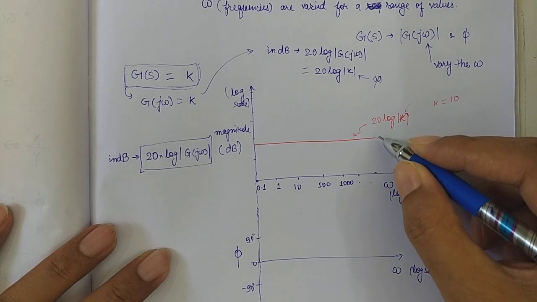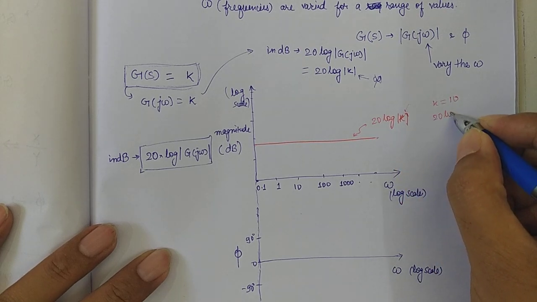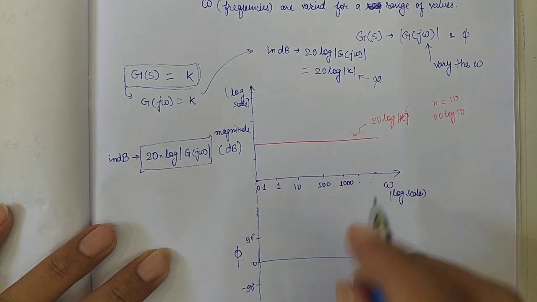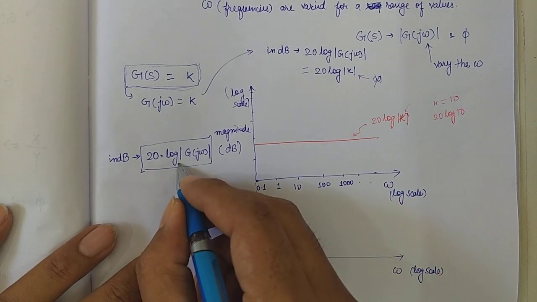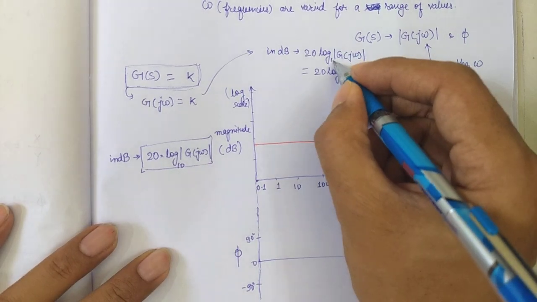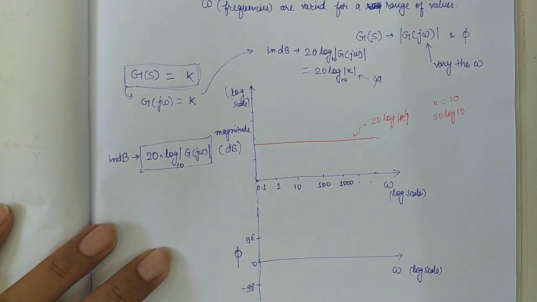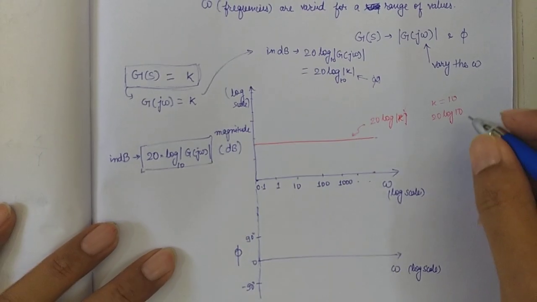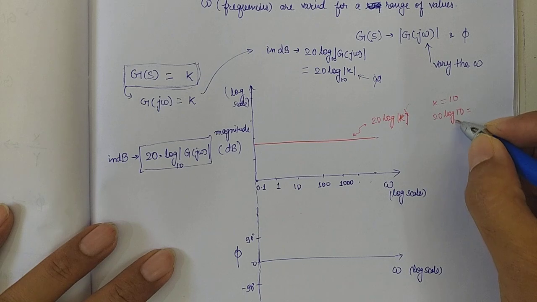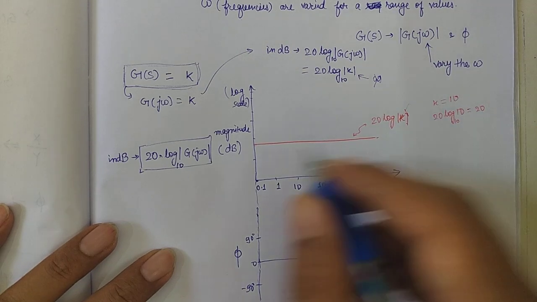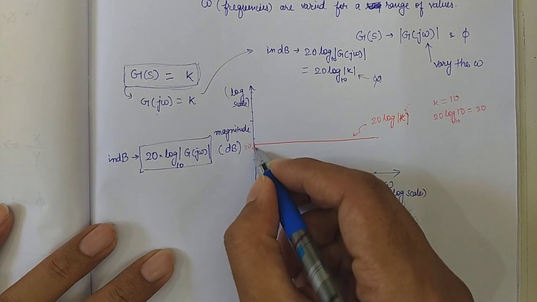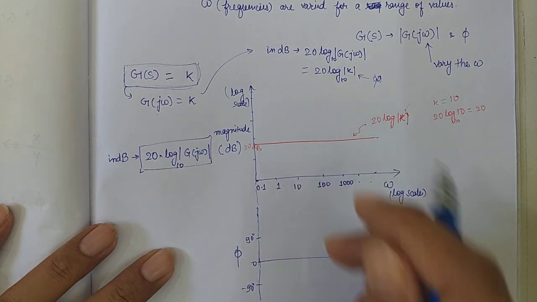So my magnitude in dB will be 20 log 10, and this log base is always 10. So log of 10 base 10 is 1, so 20. This magnitude is 20 dB. So this line is the 20 dB line.